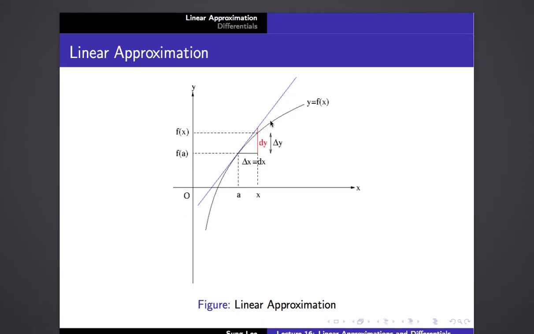This is delta y, the difference f of x minus f of a. So delta y over delta x is geometrically the slope of the line segment joining these two points. That slope is going to be pretty close to the slope of the tangent line, which is dy over dx.